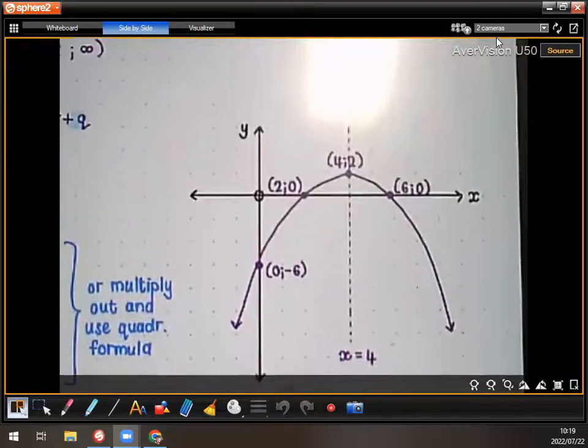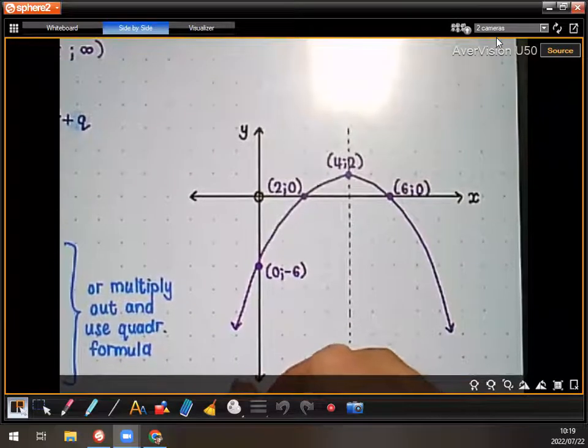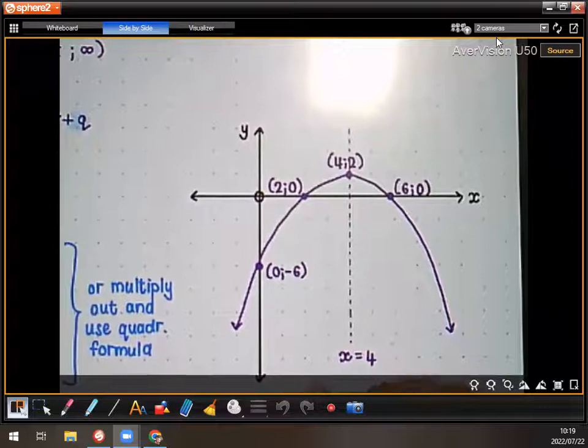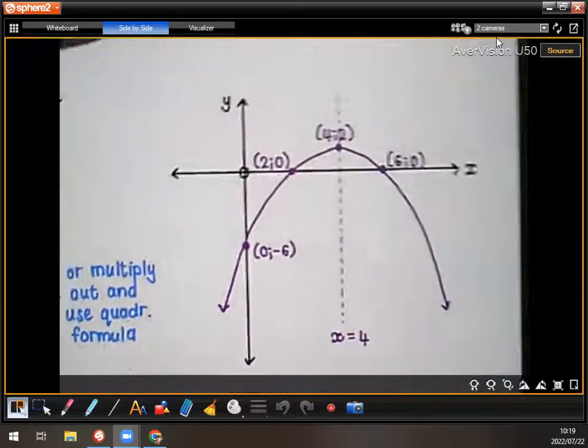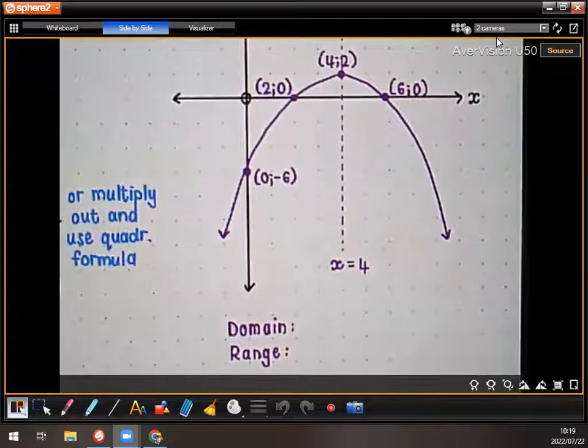Okay, we're going to write the domain and range just underneath this graph. And just like this. Okay, we remember domain is all the x values. What do you think?